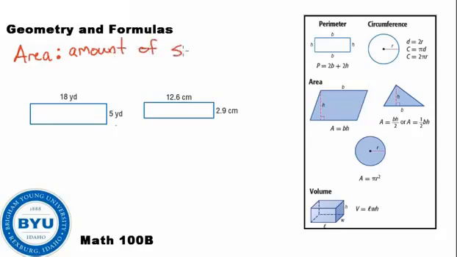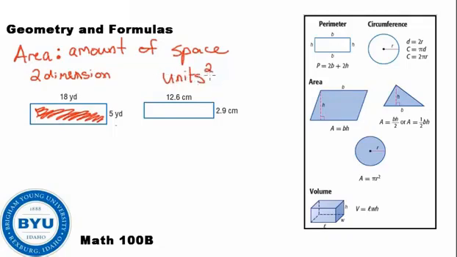You have to have a two-dimensional object to be able to do this, and because it's two-dimensional, our units will always be reported as units squared.